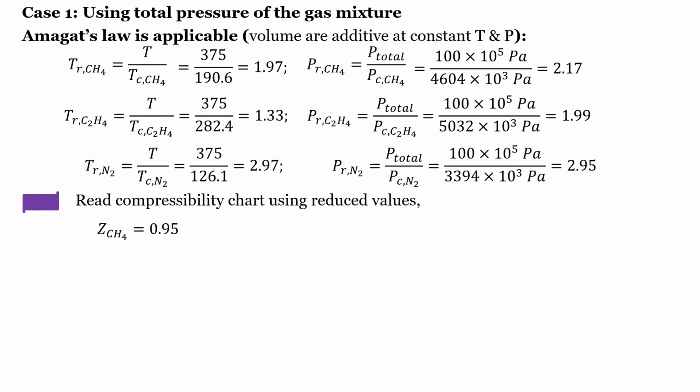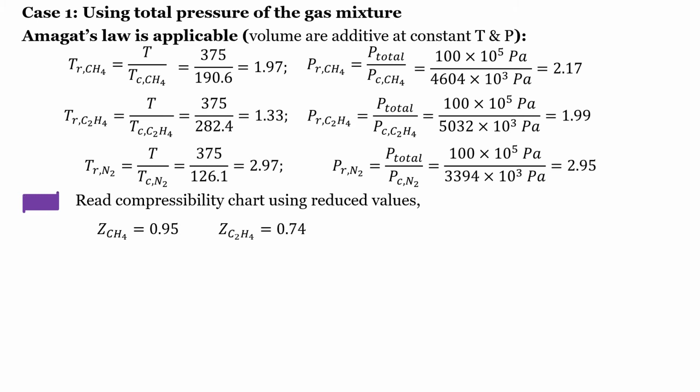So first, using TR and PR for CH4, we got the value of compressibility factor from the generalized compressibility chart, that is Z CH4 equal to 0.95. If you don't know how to read the generalized compressibility chart, then please go through my previous video.